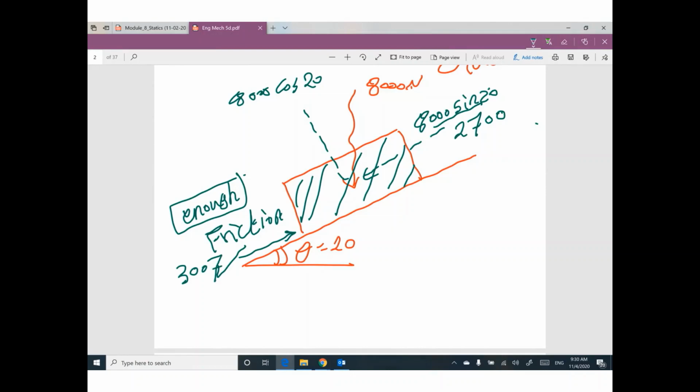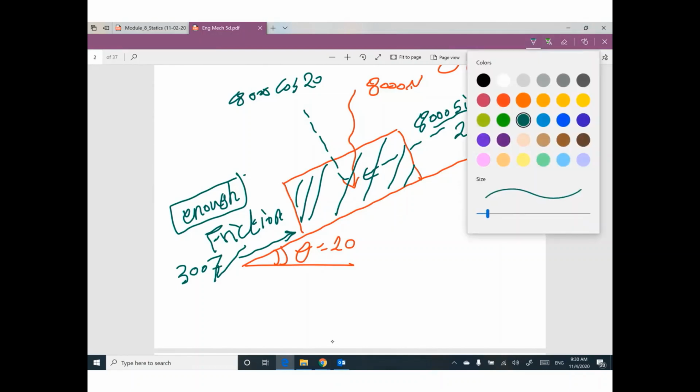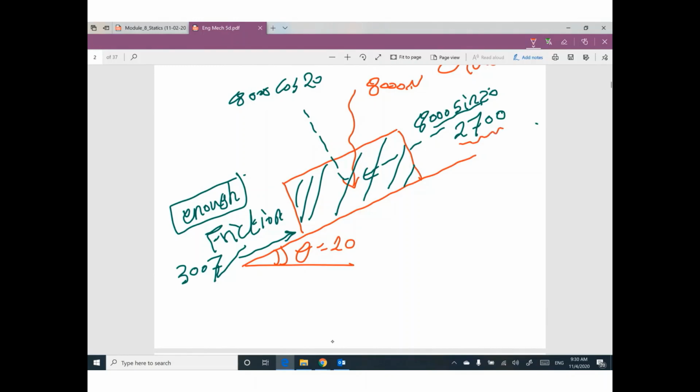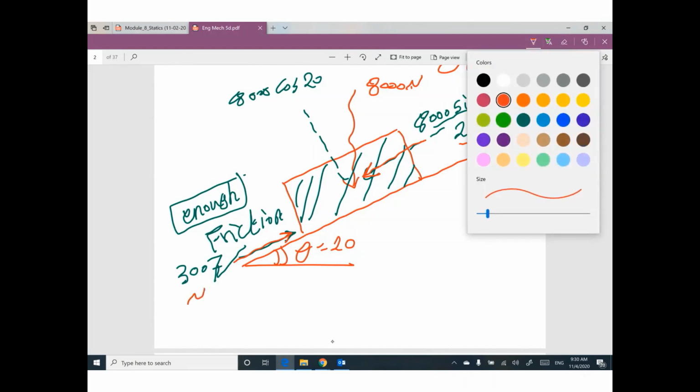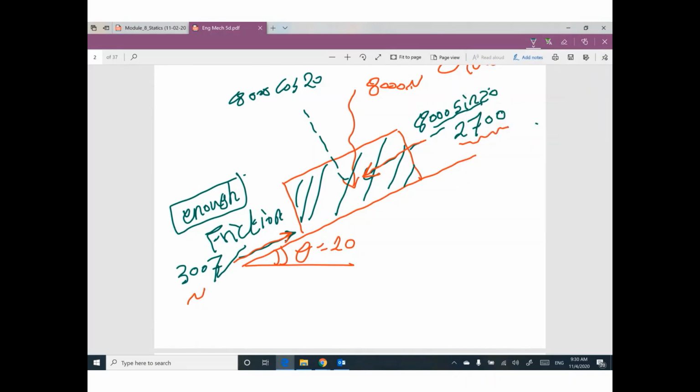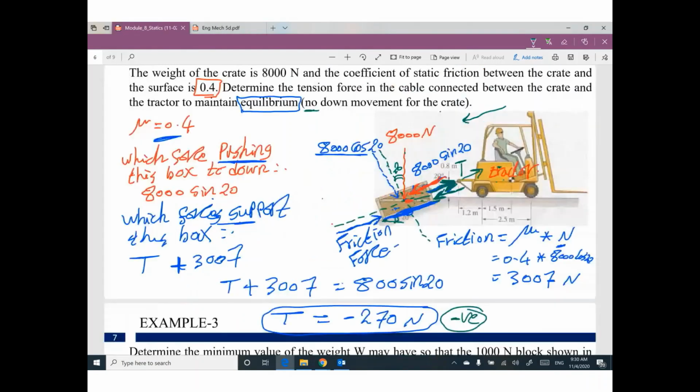So the applied force, which is 2,700, trying to push this box down, is smaller than the friction force, which equals 3,007 Newton. That means I don't need any other support. I don't need this cable to be attached to this tractor. This is the meaning of negative value.